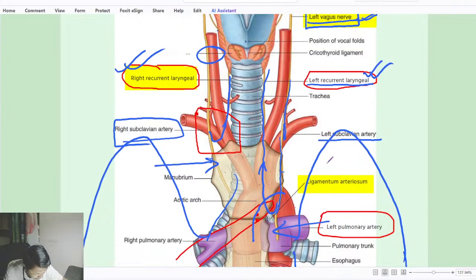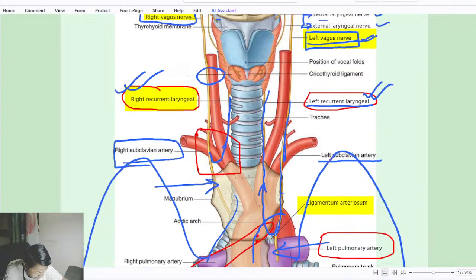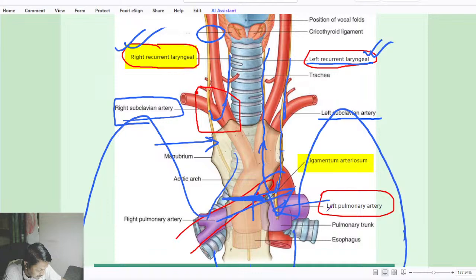Now, in many MCQs, you will get a patient who came with a stab injury at the level of manubrium sterni. Which of the following nerves has the least probability of injury?